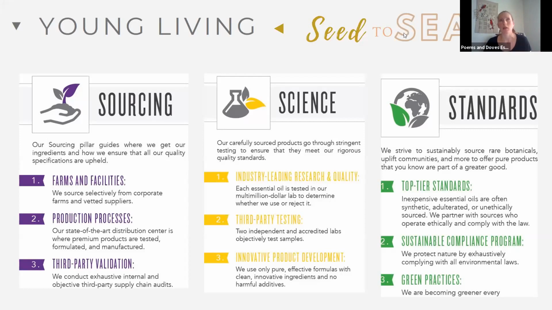They're bringing in a third-party objective person who's not connected to Young Living at all, and having them view their system and make sure that it's up to par. They do a ton of research and science to make sure that their oils always contain the highest amount of the compounds that they should, and that those compounds are not degraded or lowered because of different factors. So they make sure that the properties of the oils are at their peak. Really high standards there.